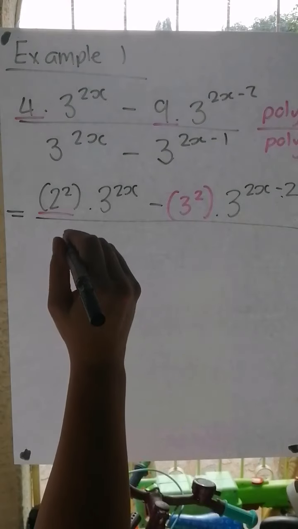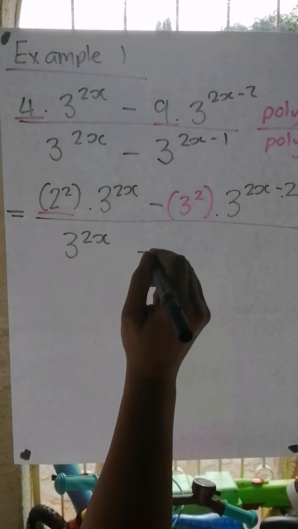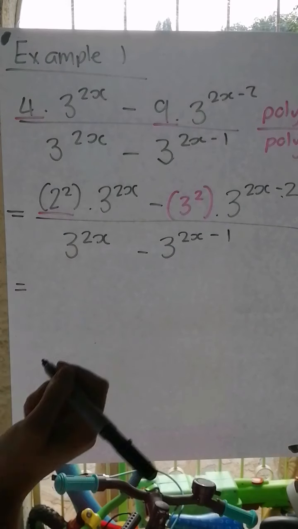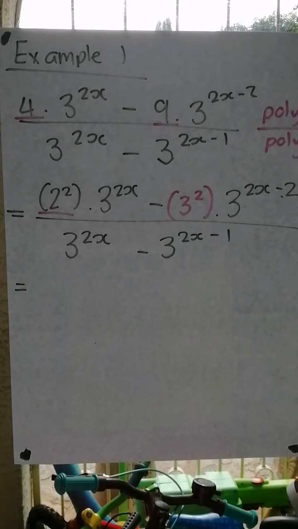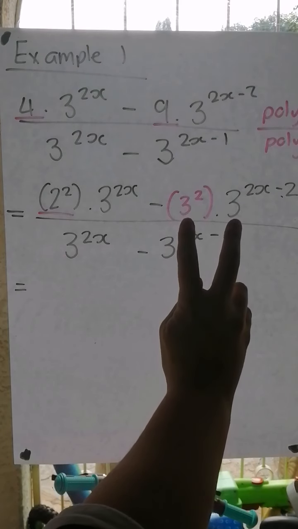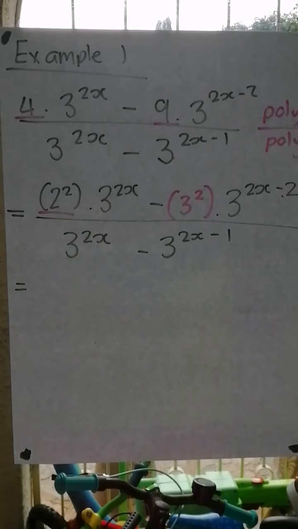All over, at the bottom, I've got 3 to the power of 2x minus 3 to the power of 2x minus 1. Okay, so what do I notice? I notice here that I'm multiplying two like bases. So what can I do when I'm multiplying like bases? I add the powers. Here's not like bases, can't add here.